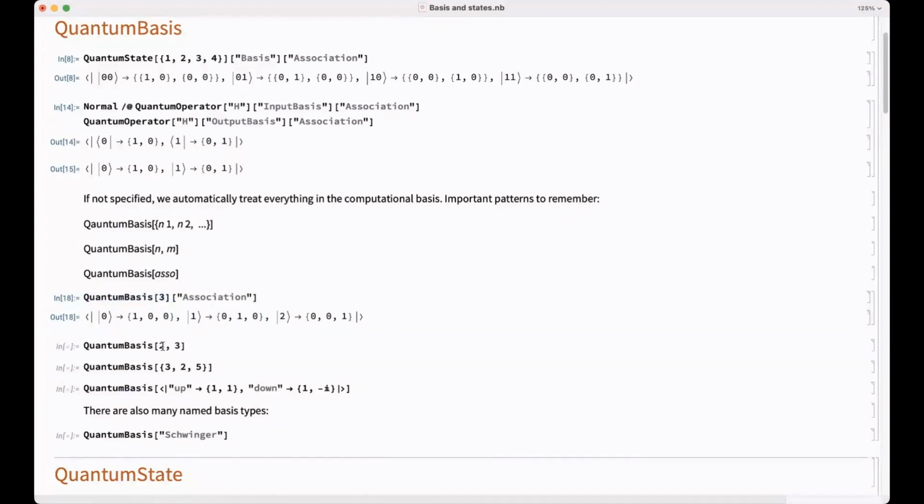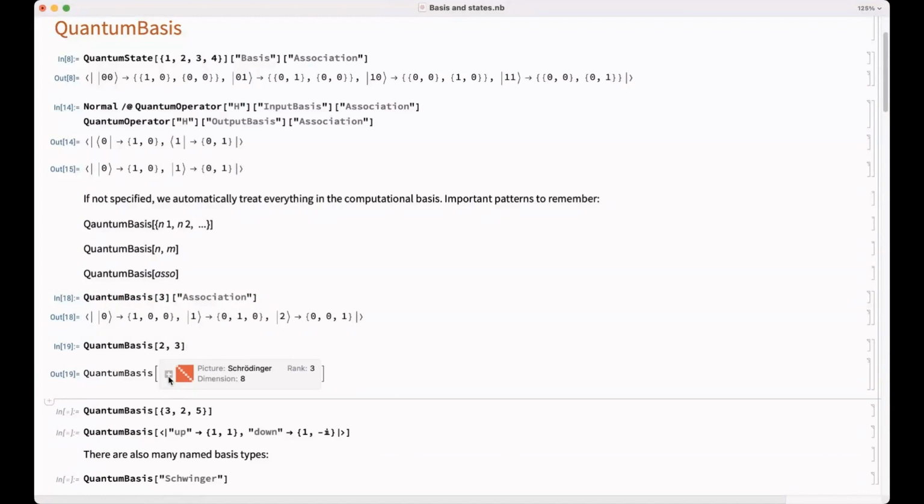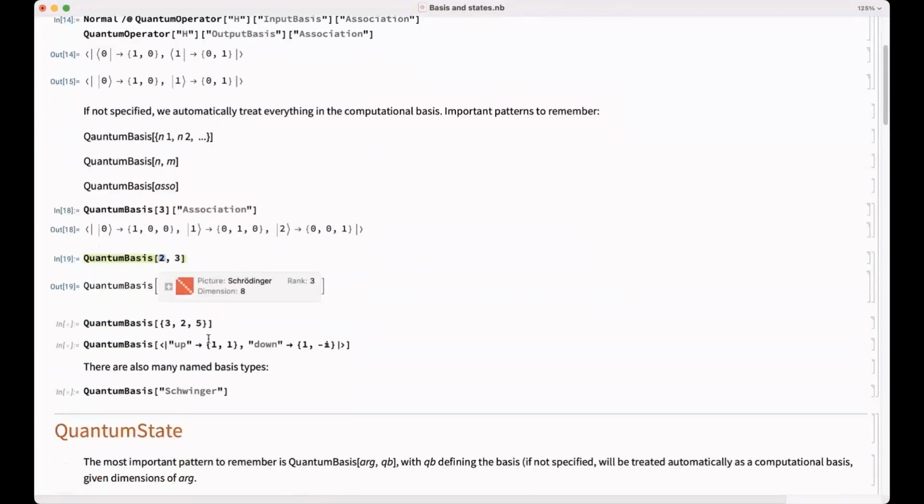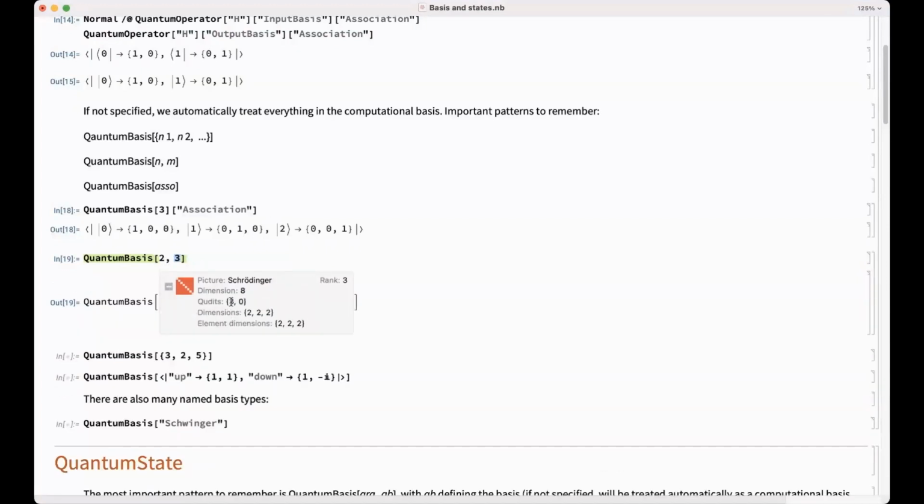If I provide 2 numbers, by default the first one is treated as a dimension and the second one as a multiplicity. So now you're telling the quantum framework to create a basis of 3 qubits, or 3 two-dimensional qubits, right? Now it has this notation. It's hidden by default, but you can interpret it as the output state.